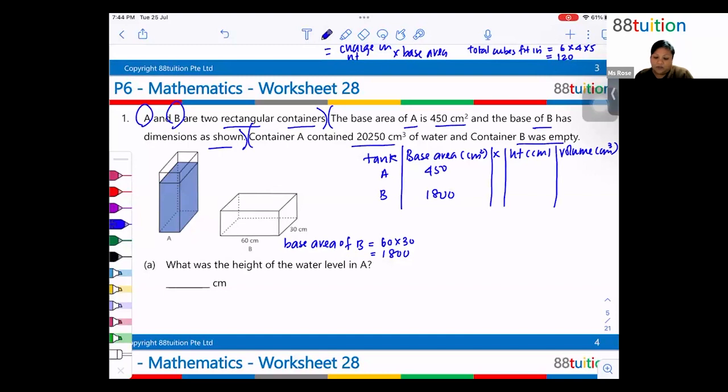We want to find out the height of the water level in A. So the height of the water level in A will be equal to the volume of water divided by the base area, which gives me 45. This is my answer to part A, 45.